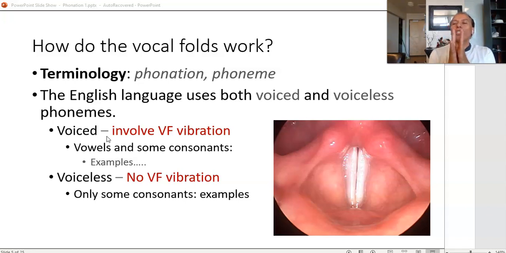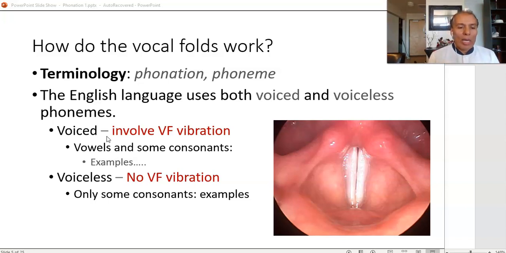So no vibration, but a puff of air exits between the vocal folds. So that is one sound. Another one is when you say ka and ba, and the vocal folds do not vibrate. They just slam against each other and go away. But most of the voiceless sounds are produced in the oral cavity, like s, t, k, and so on.